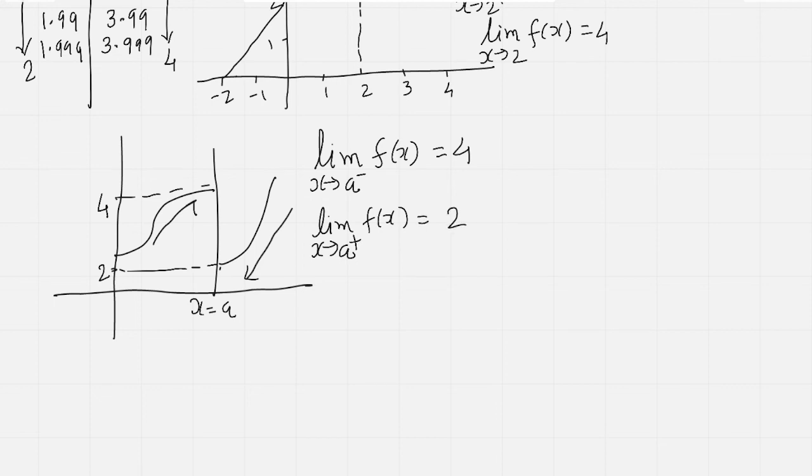Here you can see that the left hand side limit is 4 and the right hand side limit is 2. So both are not same. Both are not equal to each other. So the ordinary limit doesn't exist. So we can write that limit f of x as x approaches a does not exist.